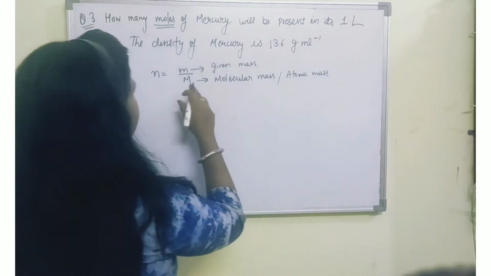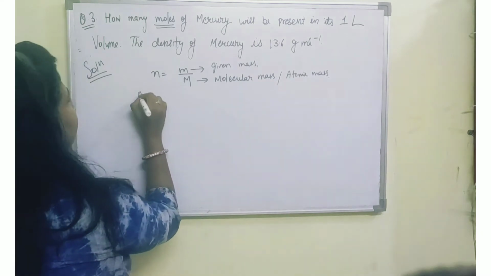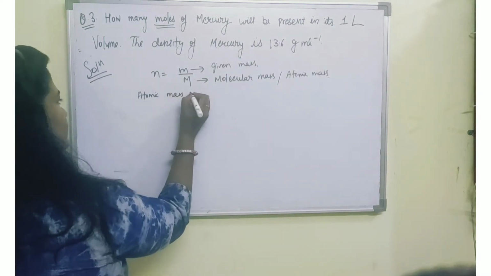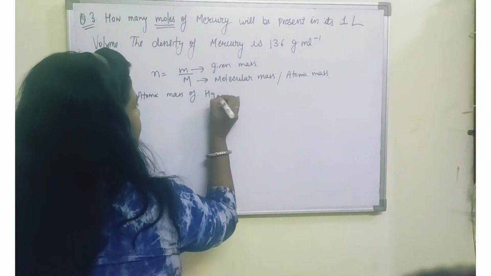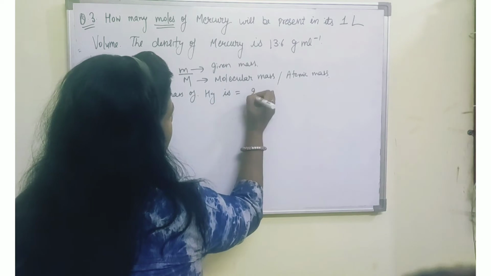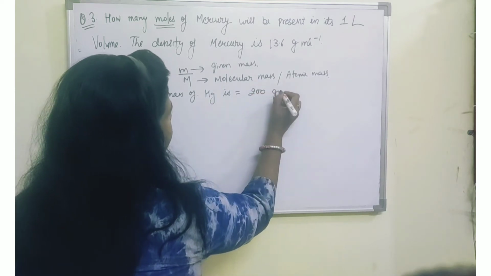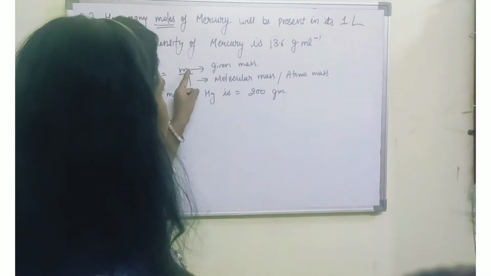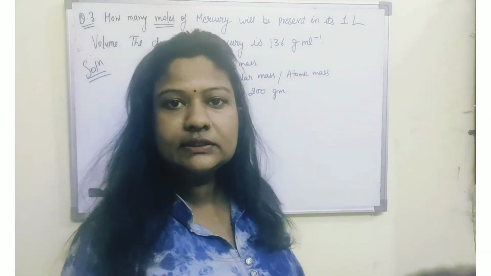The atomic mass of mercury, Hg, is 200 gram, correct? Now mass is not given to you.